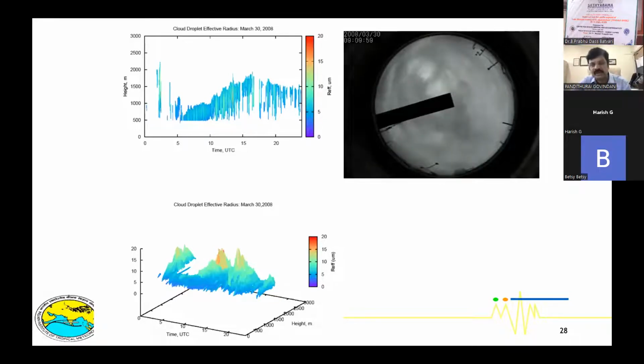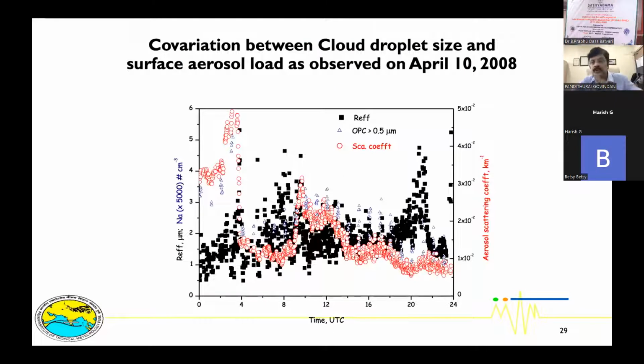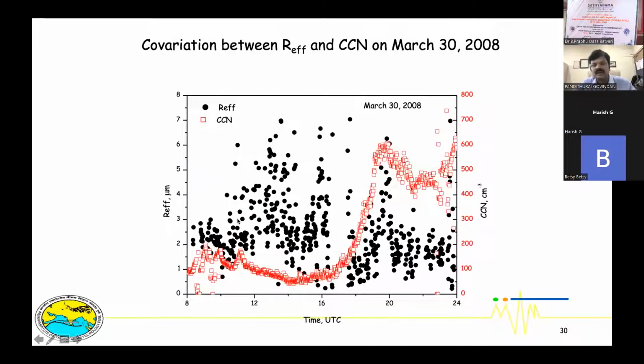By assuming the variables, we could retrieve the cloud droplet size and see how the cloud droplet number and the aerosol variables, like number concentration at 0.5 micrometer and scattering coefficient, relate. What we noticed briefly is that whenever the aerosol loading was high, the droplet size got reduced. This is another case.